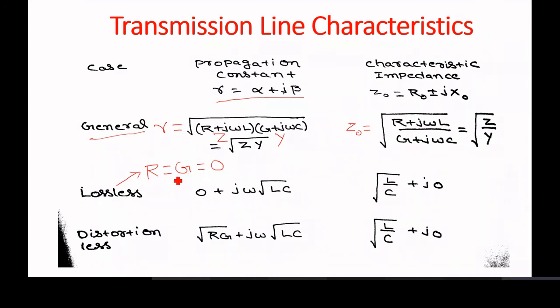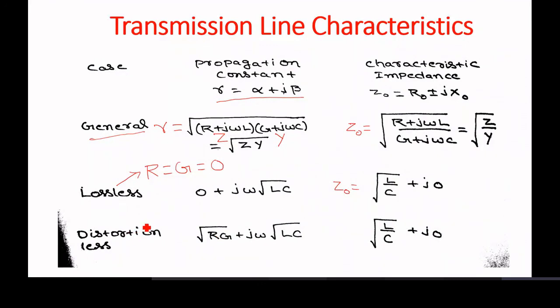So for that, R is equal to G is equal to 0. If you substitute R is equal to G is equal to 0, we will get alpha is 0 and gamma is simply j omega root LC. Similarly, the characteristic impedance is Z0 is equal to root L by C.